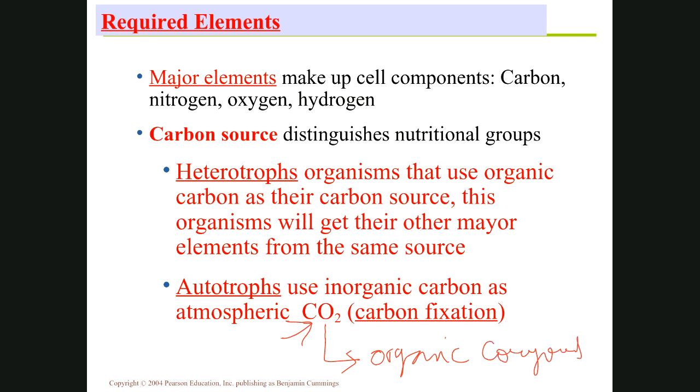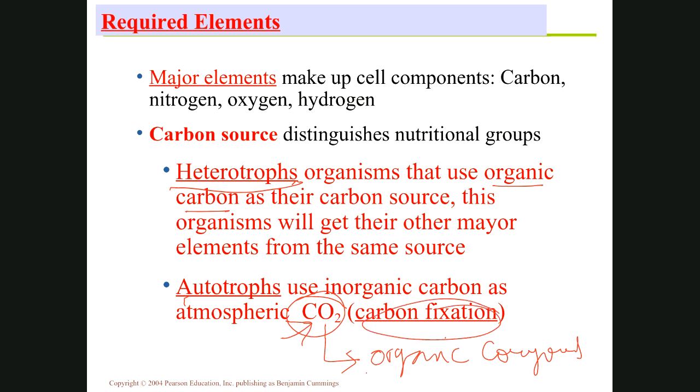So here we use organic carbon to make our own organic compounds. That's a heterotroph. Autotrophs get the carbon from the atmosphere in an inorganic form and incorporate it and make it into the proteins and lipids and carbohydrates they need for their cells. That's called carbon fixation.